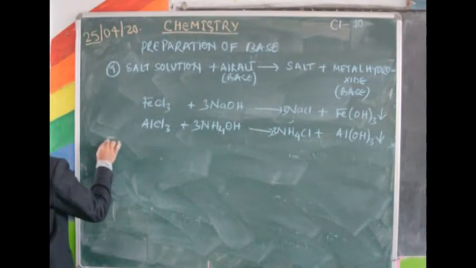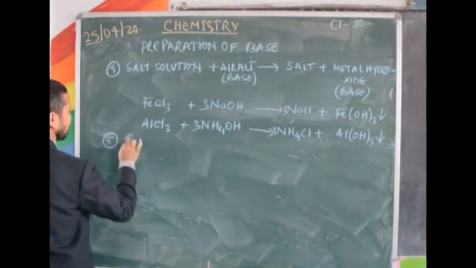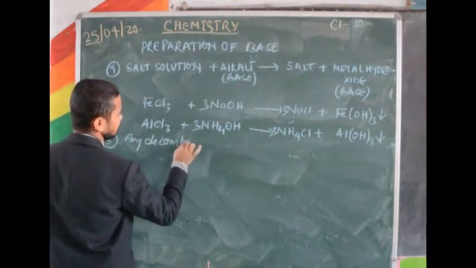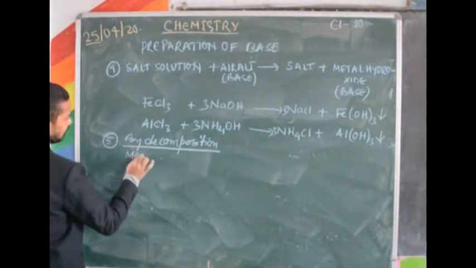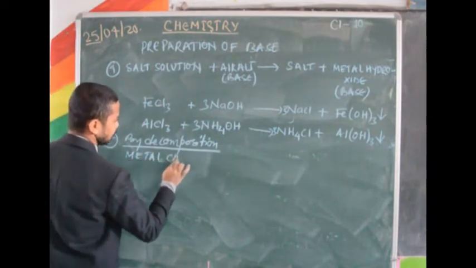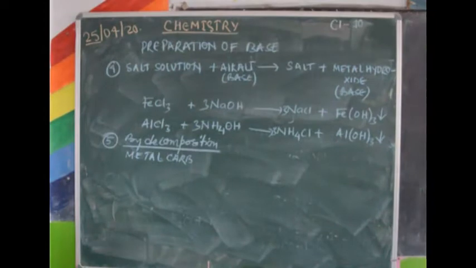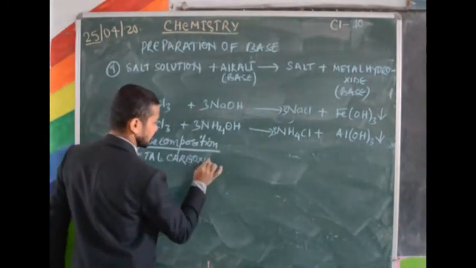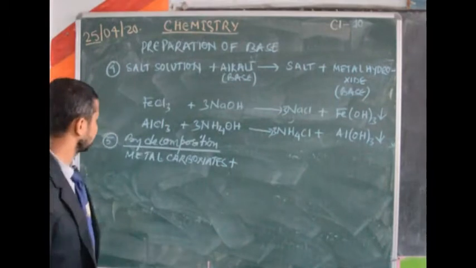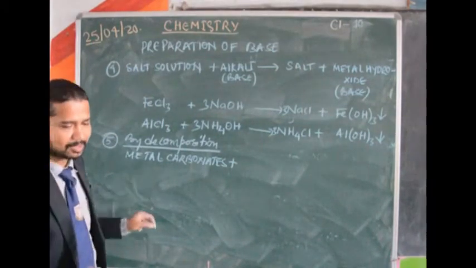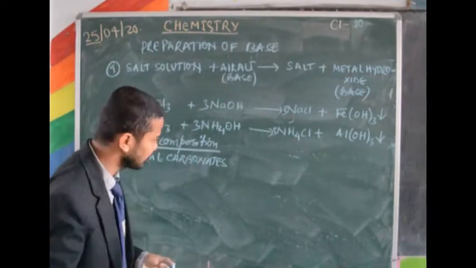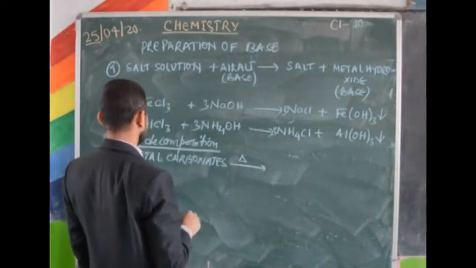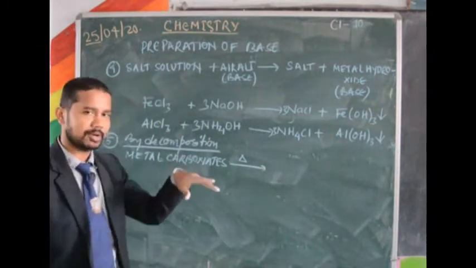Now number 5, decomposition. Metal carbonates on decomposition, on heating, give out carbon dioxide and metal oxide.